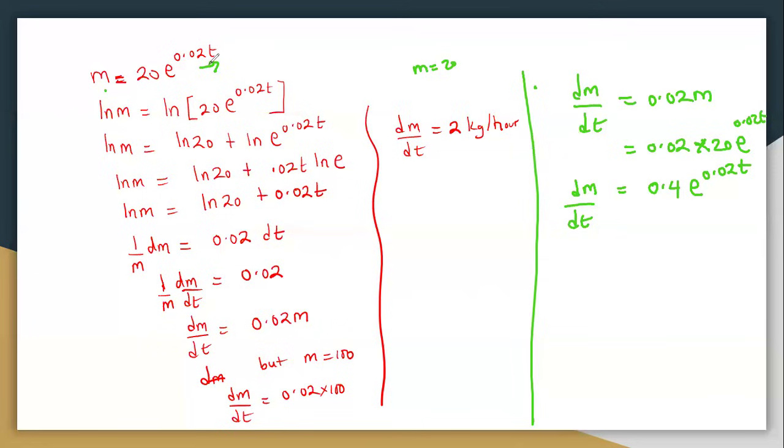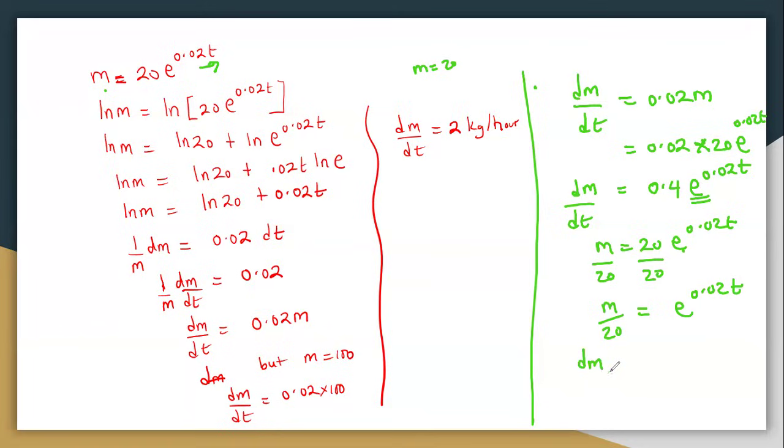Someone could come from this point and say, my m is equal to 20 e^(0.02t). Can't I divide this side by 20? I divide by 20 and I get m/20 equals e^(0.02t). Such that where there is this, I put this.